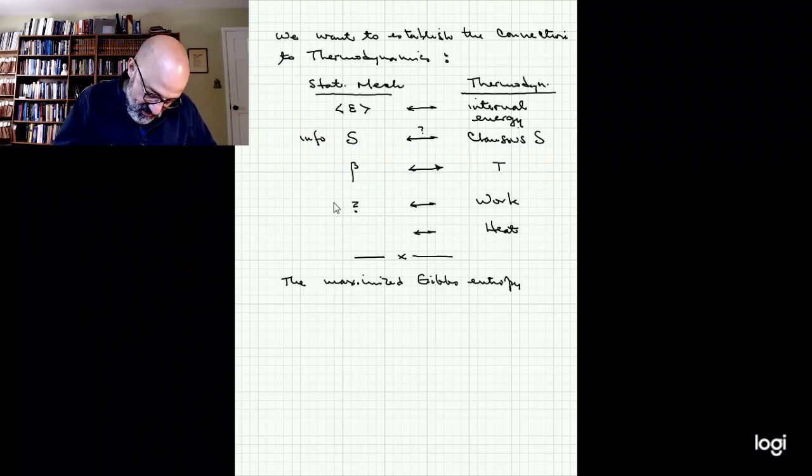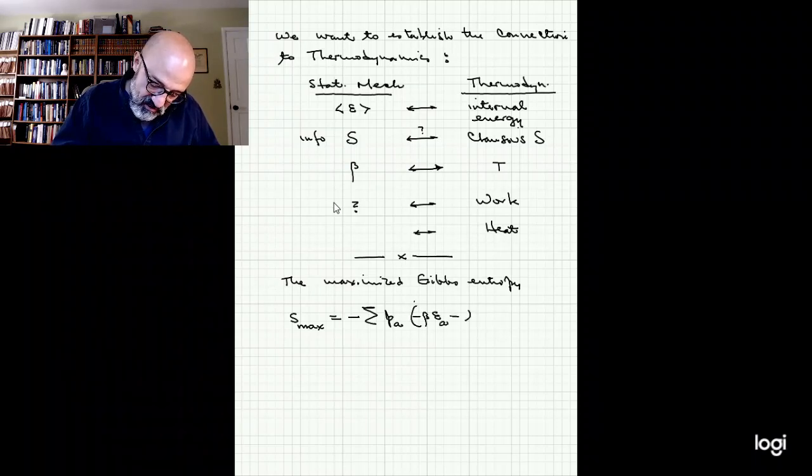And so we have here something like this. The maximized entropy is going to be minus the sum of all those probabilities. And then here we're going to have the log of the probability. The log of the probability is minus beta E_A minus the log of Z.